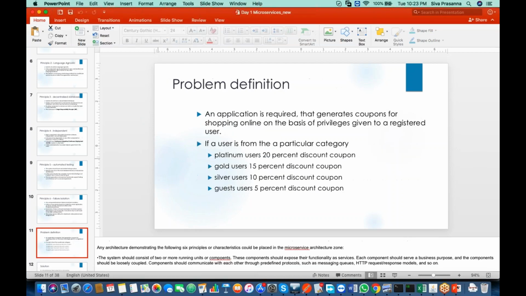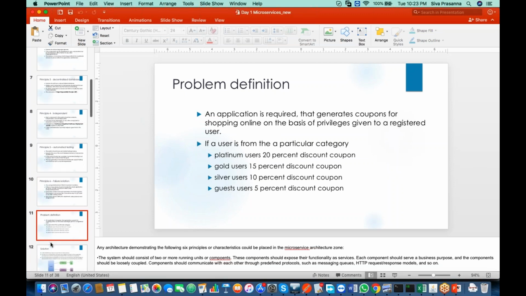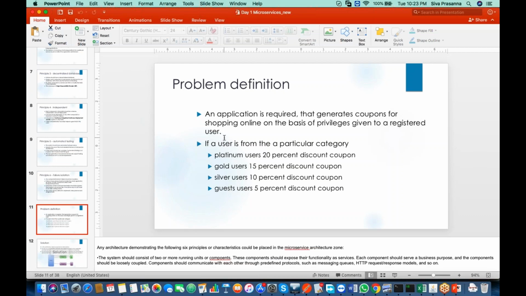All right, next, let's go to the problem definition. This is a sample use case which we generally use to discuss what a microservice is. I will try to keep it small and explain what exactly it is. Let's consider a situation where someone wants to generate coupons based on a type of user. It is easy to say: generate coupons for shopping online on the basis of privilege given to the registered user.